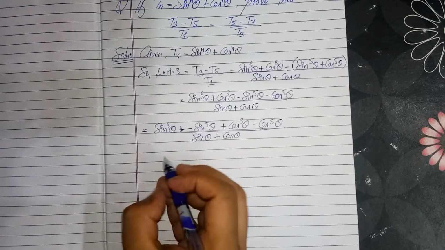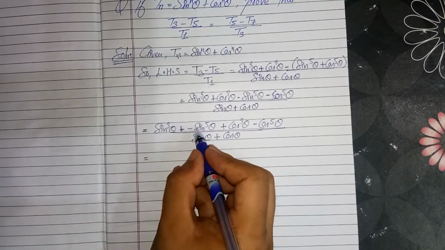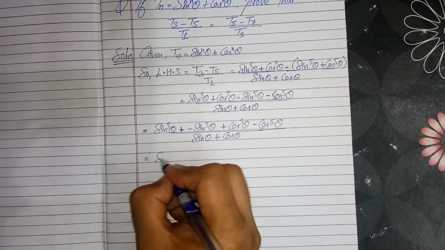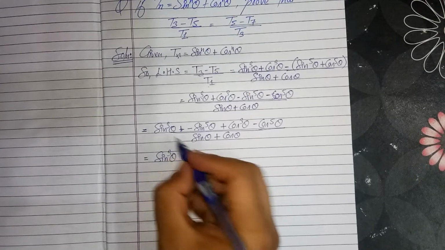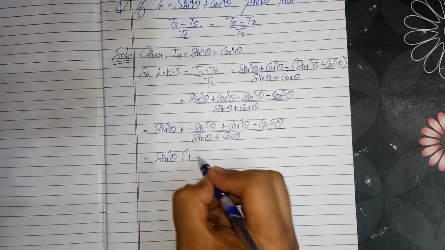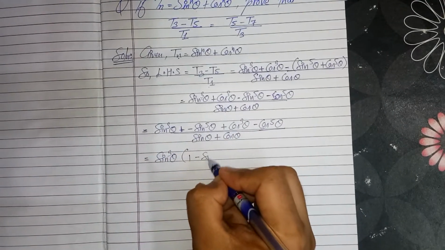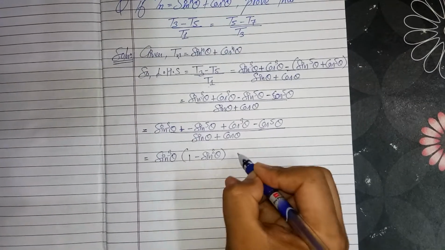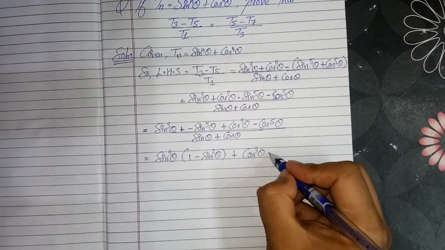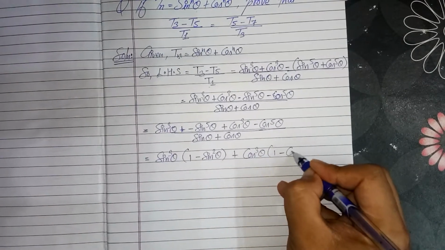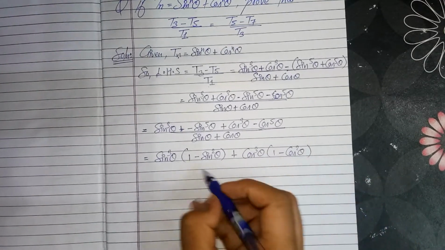Now what we have to do is simply take sin cube theta common from these two terms. So when we take sin cube theta common, there it is 1 minus sin square theta, right? Similarly, take cos cube theta common from here, so we get 1 minus cos square theta inside the bracket.